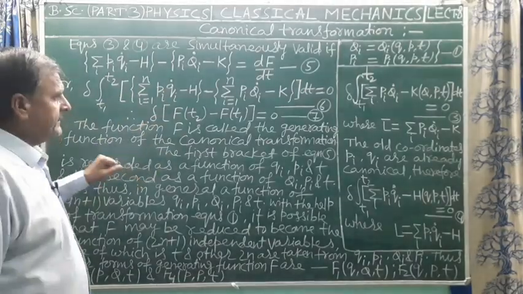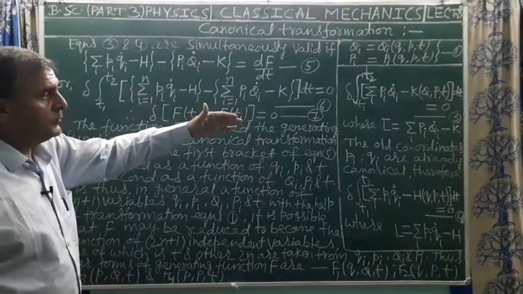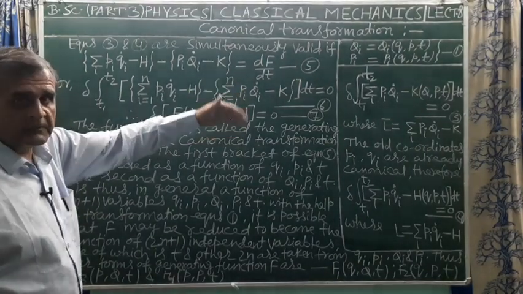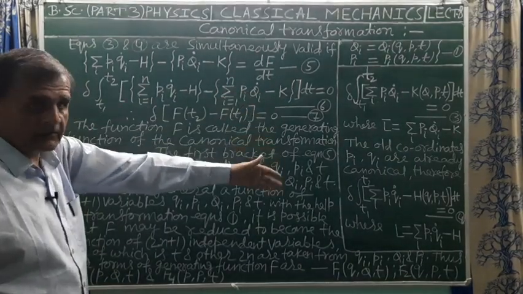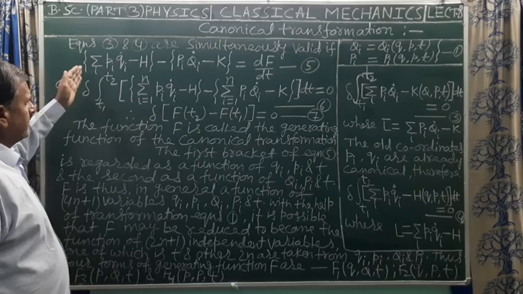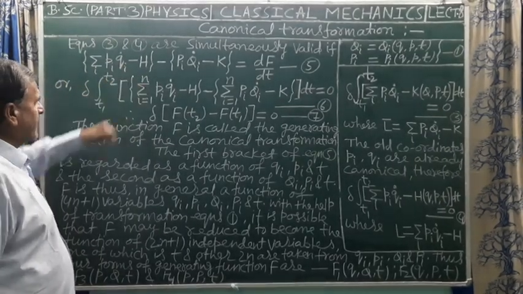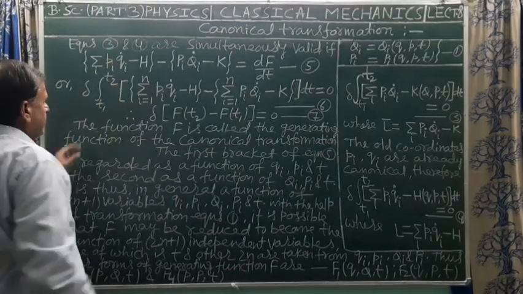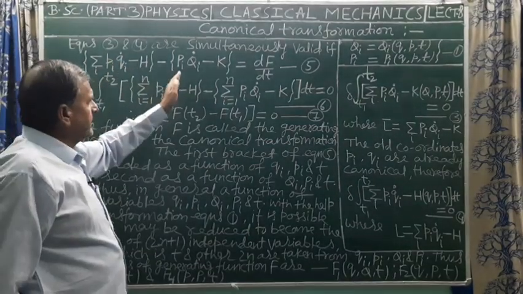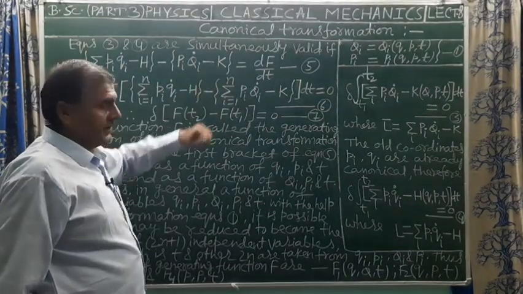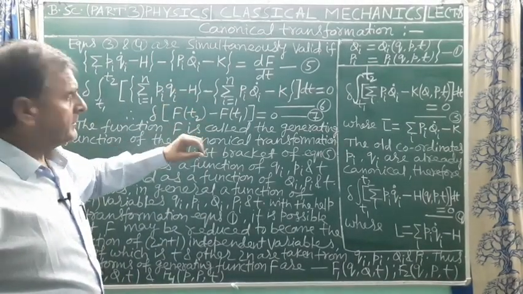That is, we can write the difference in the integrands of the two equations, or two integrals, given by equations 3 and 4, that is sigma over i, p_i q_i dot minus H, in the old coordinate system, minus P_i Q_i dot minus K, in the new coordinate system.